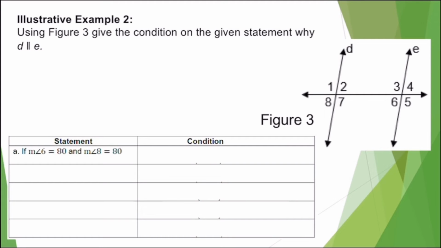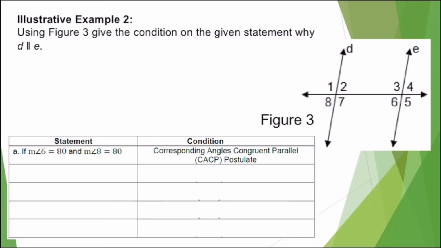So now, for our first statement, if the degree measure of angle 6 is equal to 80 and the degree measure of angle 8 is equal to 80, the condition here is by corresponding angles congruent parallel, or the CACP postulate.